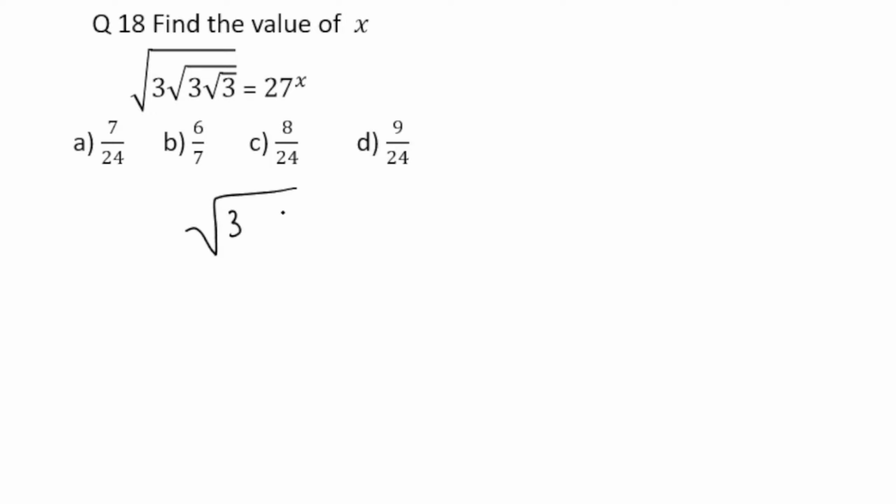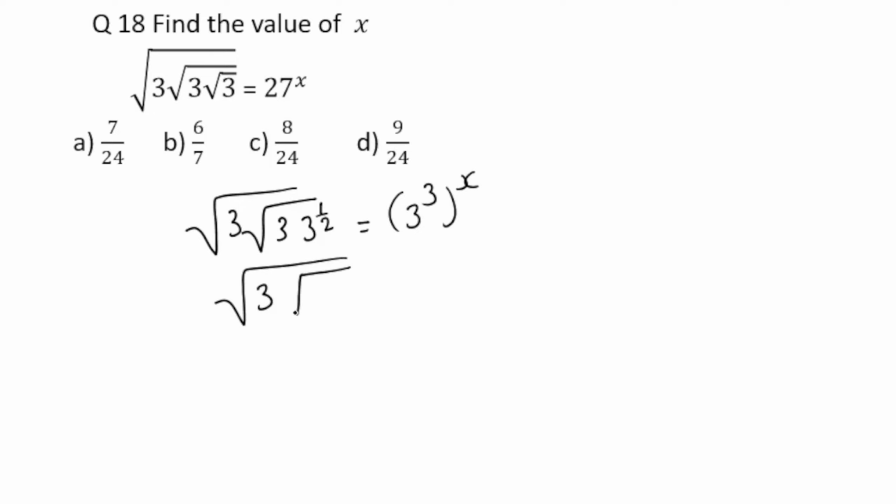Square root 3, square root 3. This square root means 3 to the power 1/2 equals, we can write 27 as 3 to the power 3, to the power x. If we multiply the same base, powers are added. That means 3 to the power 1 plus 1 over 2, 3 to the power 3 over 2 equals 3 to the power 3x.